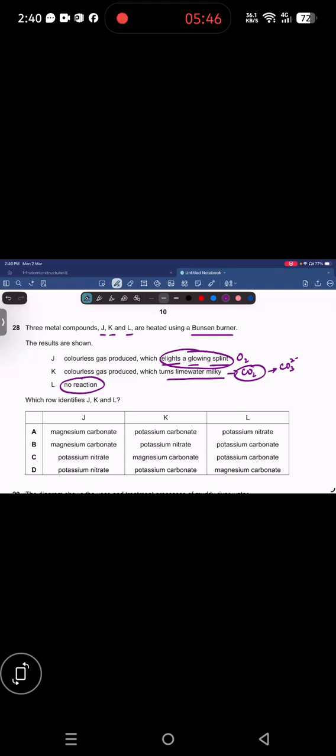So in K you have to check the carbonate 1, 2 and 3. B is not our choice. We have to work on A, C and D.